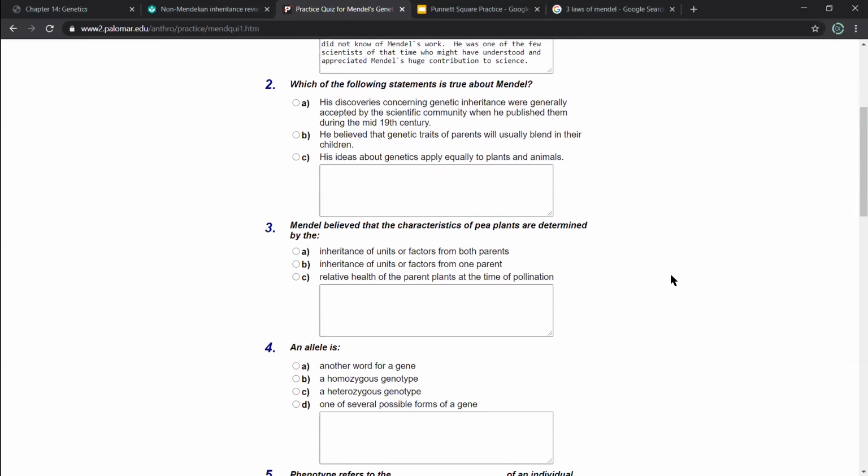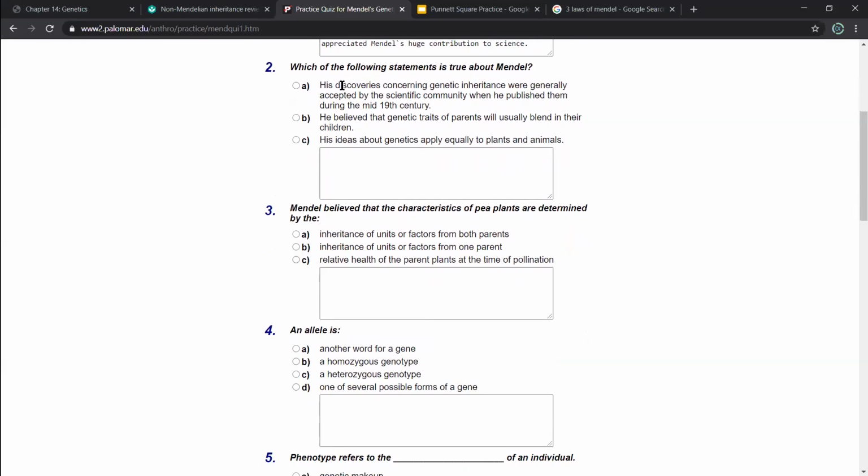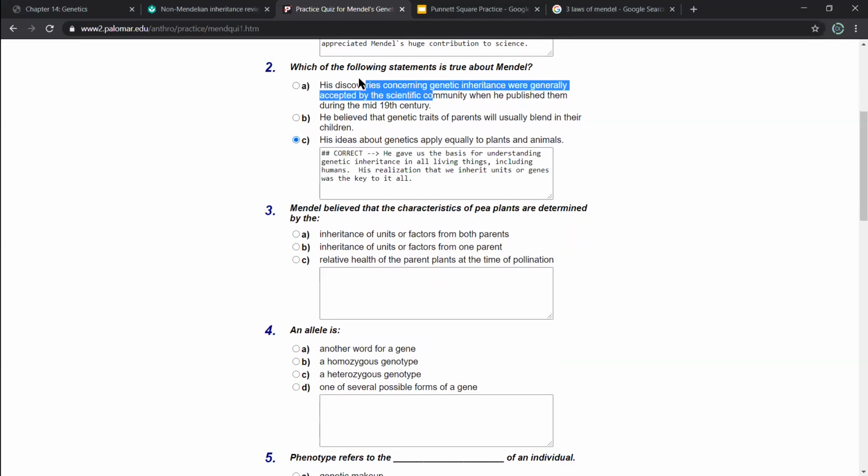Which of the following statements is true about Mendel? Again, we didn't cover this, but this is going to teach you an important lesson about all of sciences. If you want to guess, go ahead. If you know the answer, go ahead. The answer here is actually C. But I just want to talk quickly about A: his discoveries concerning genetic inheritance were generally accepted by the scientific community when he published them during the mid-19th century.